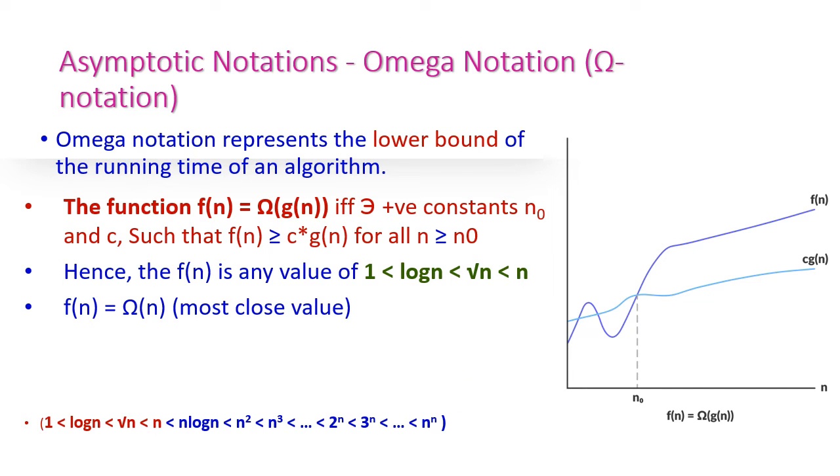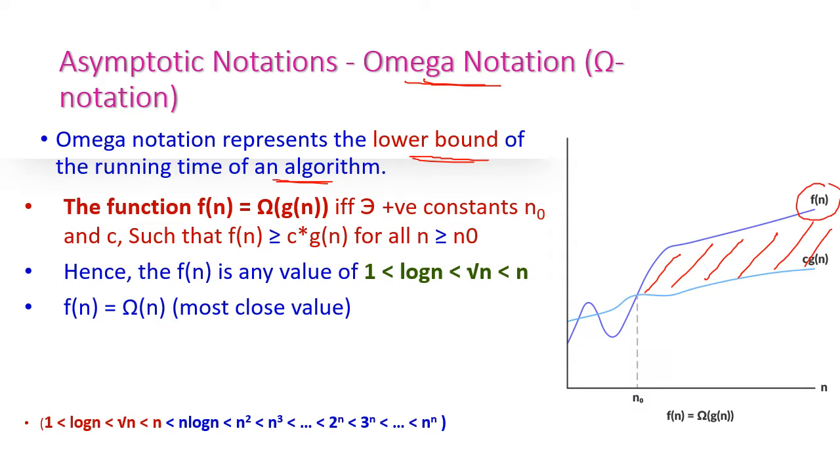The next notation is omega notation. This is exactly the opposite of big O notation. Here the omega notation represents the lower bound of the runtime of an algorithm. That means it lies anywhere in this region, right?